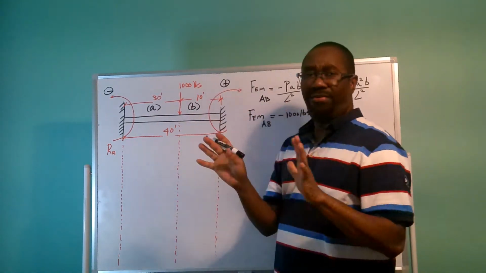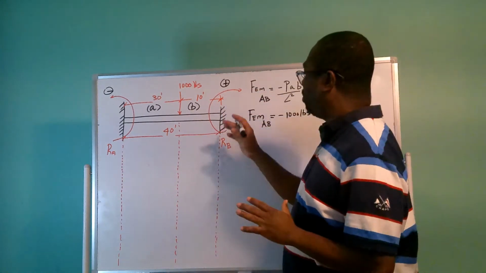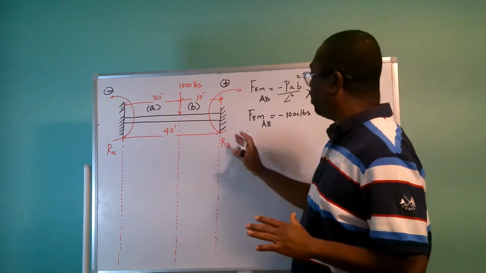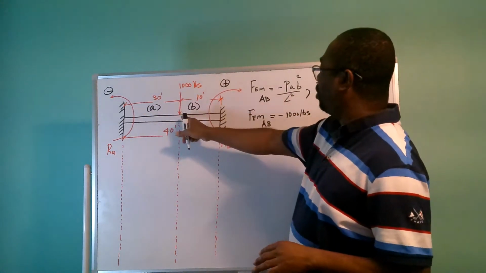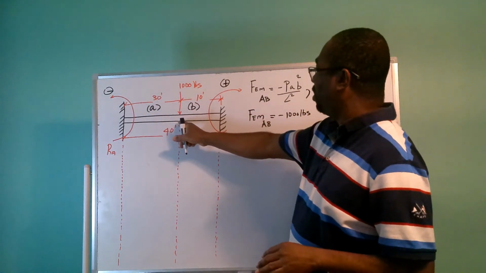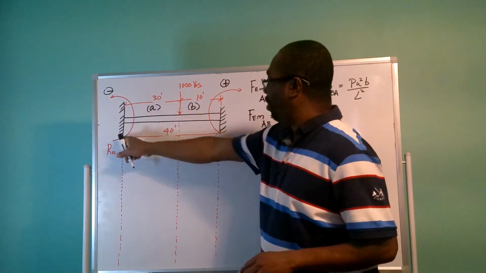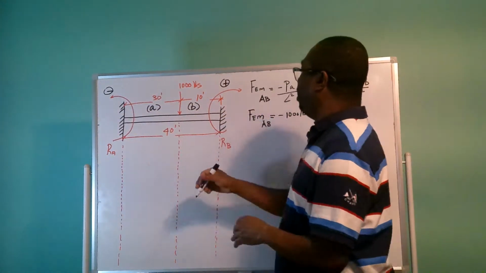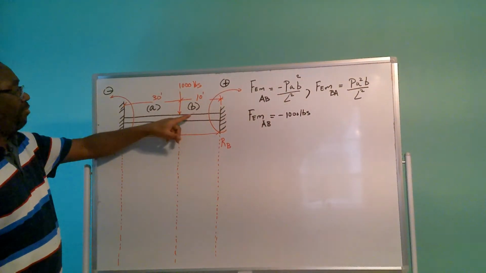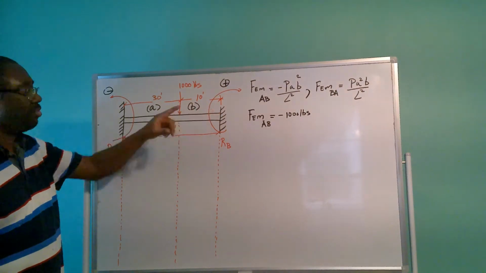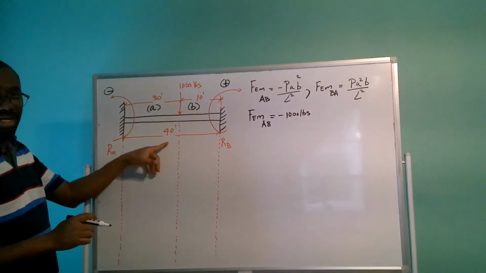And before I go into the calculation, I should explain what the beam system is doing. This beam has 1,000 pounds coming down on it, 30 feet from reaction A and 10 feet from reaction B. The beam has a span of 40 feet.